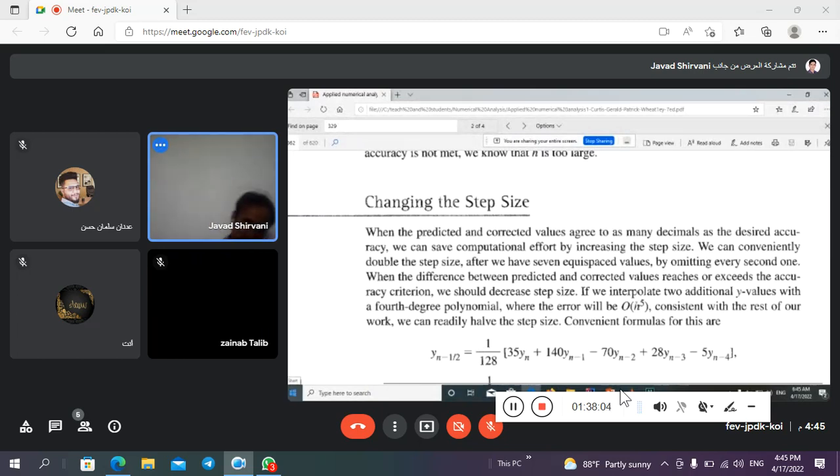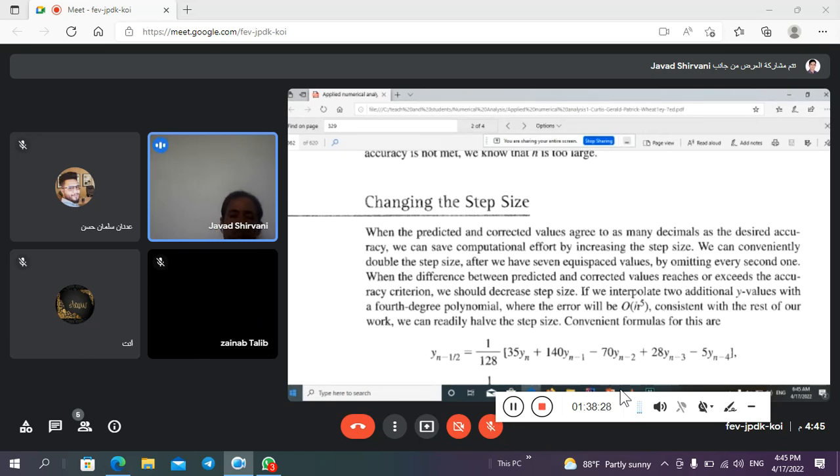The next subject of this meeting is about changing the step size. In previous formulas, we use the same step size of 0.1 or 0.2.